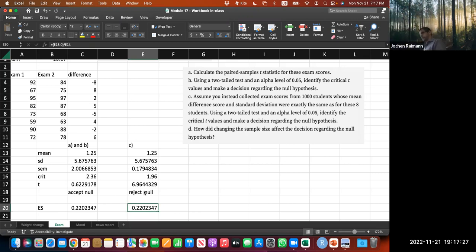So you wouldn't say that our results were important? You wouldn't classify our results as being important because the effect size is the same. So you would report it as such. So you say, based on that sample at hand of 1,000 individuals, we're rejecting our null hypothesis, we're accepting the alternative hypothesis, and we would conclude that from exam 1 to exam 2, there was a modest increase in score.